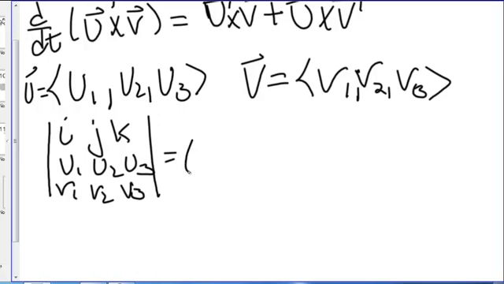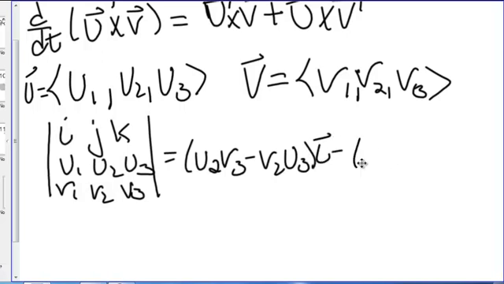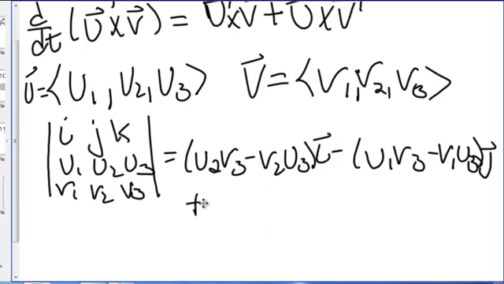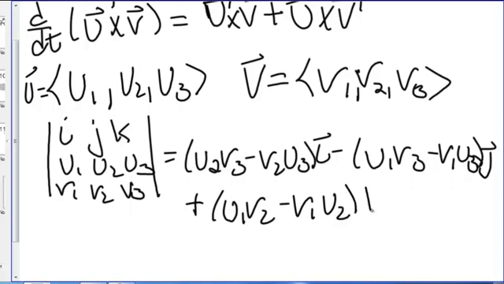So we get u2 v3 minus v2 u3 times i, minus u1 v3 minus v1 u3 times j, plus u1 v2 minus v1 u2 times k.